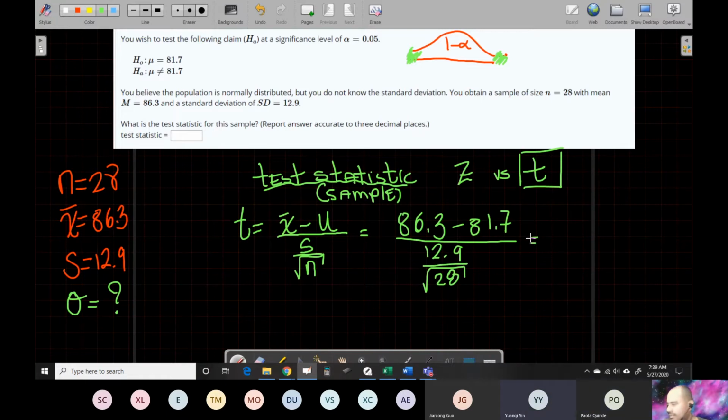Okay, I'm going to have to use my calculator on the side here. I'm going to do the top: 86.3 minus 81.7, and that's going to give me 4.6 on the top. Now the bottom: 12.9 divided by the square root of 28.